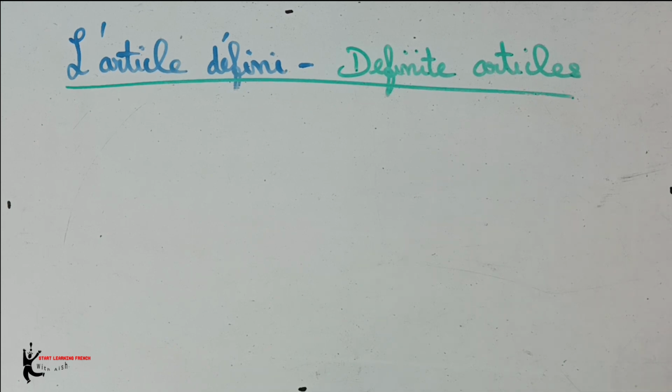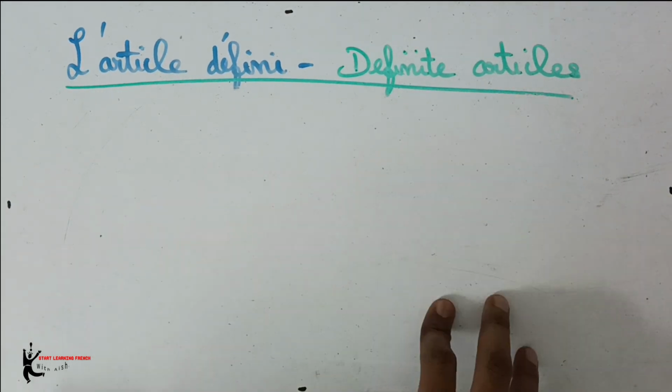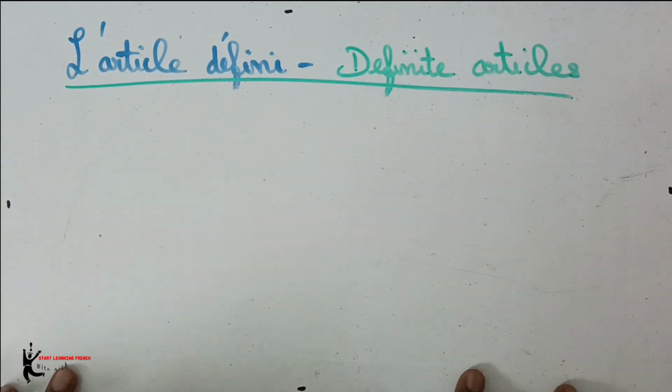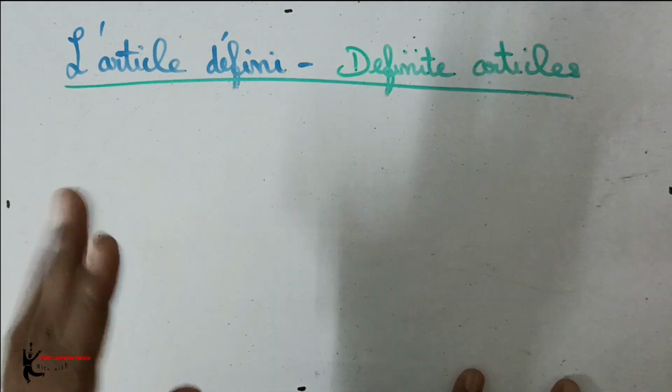Now we are going to see where to use the article défini. This is a very basic grammar, and I am starting from the very basic. Now I taught you the four categories.